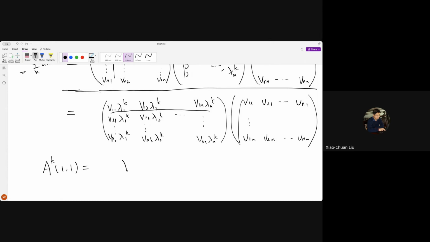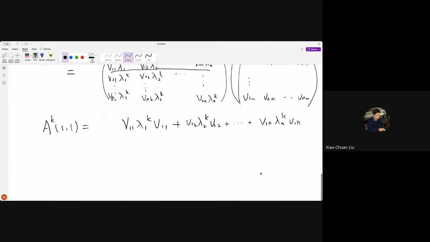So it will be a sum v1 lambda 1 to the power of k v1, and here plus v1 2 lambda 2 to the power of k v1 and v1 2. Okay, right, and plus the 1 n lambda n to the power of k v1.